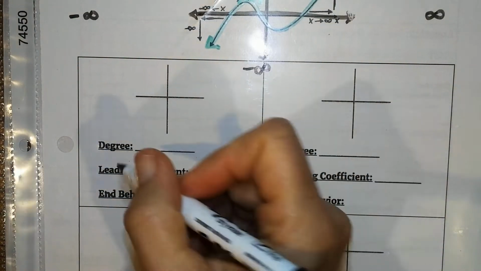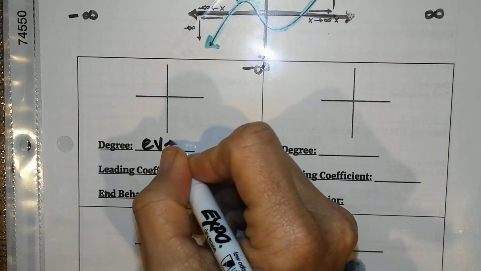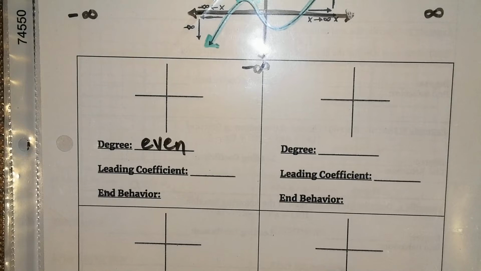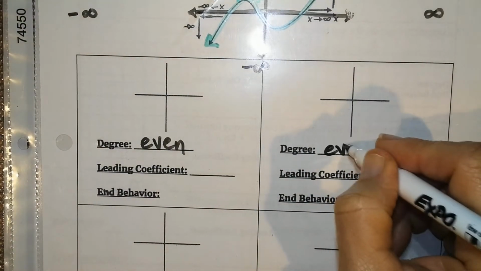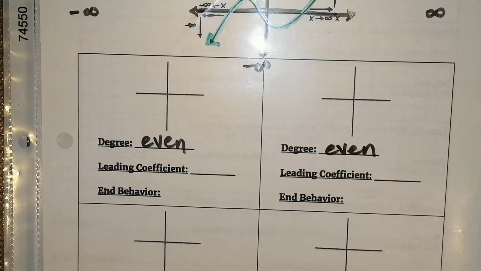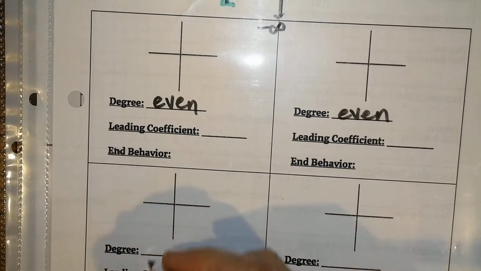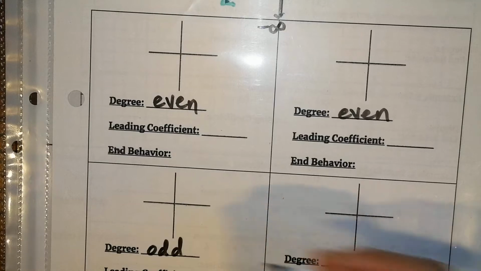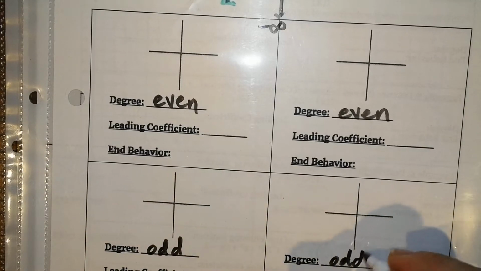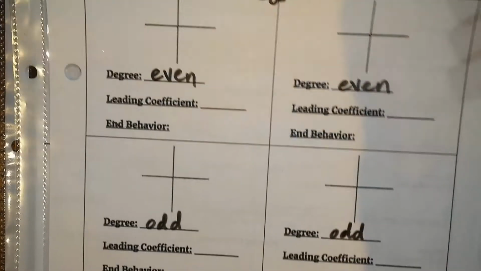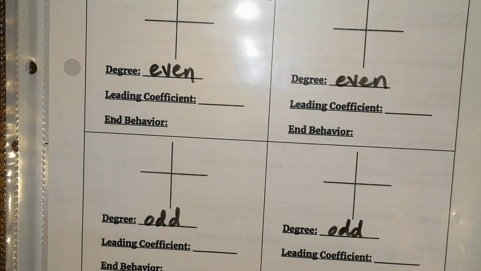But we're going to start with an even degree. And both of these here, we're going to do even. That means we're also going to do odds down here. That's all you can have, either even or odd.